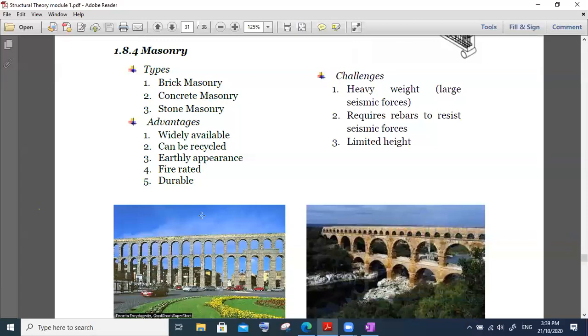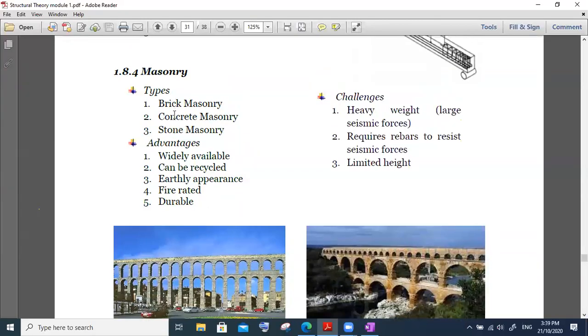Masonry. So we have 3 types. We have the brick, the concrete, and the stone. So alam naman natin yung brick, and we have the concrete, no? At yung bato, no? Yung mga bato na pinagpatong-patong, masonry. Usually riprap, mariprap siya. Advantages, widely available siya, can be recycled, of course, earthly appearance, fire-rated, and durable.